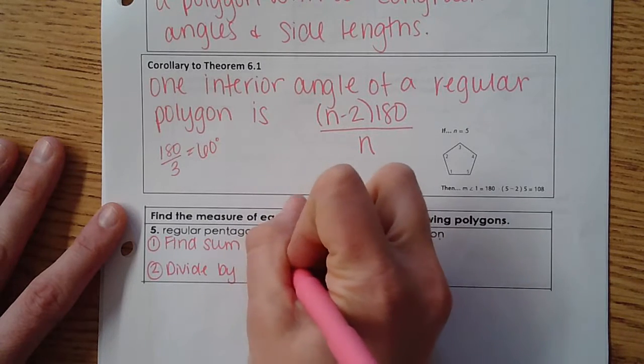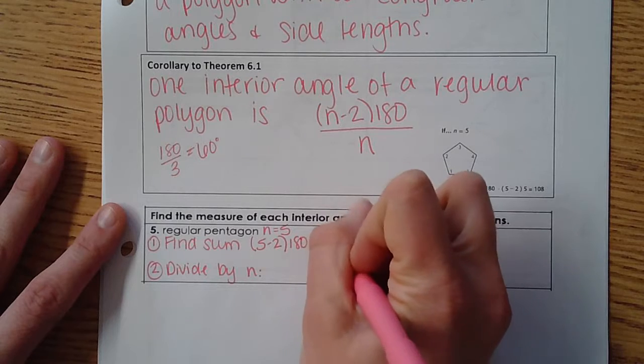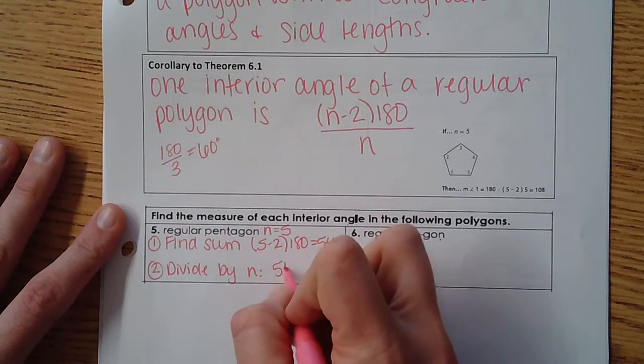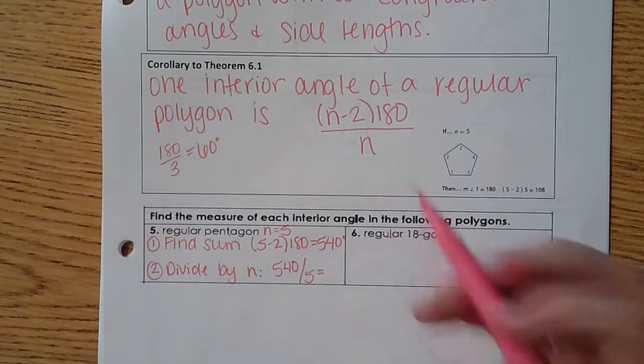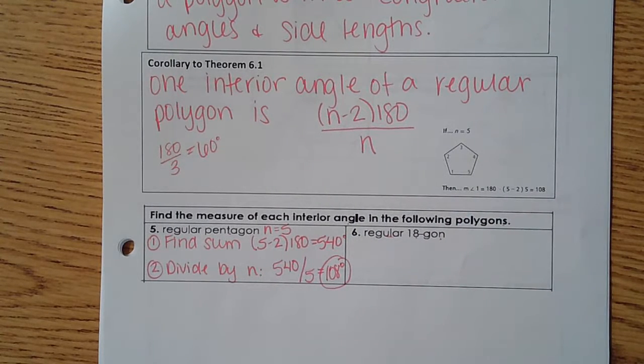We take 5 minus 2 times 180. We find that all the angles inside a pentagon add up to 540. We divide by n. 540 divided by 5 tells me that each angle in a regular pentagon is going to be 108. So 108 added 5 times should give us 540.